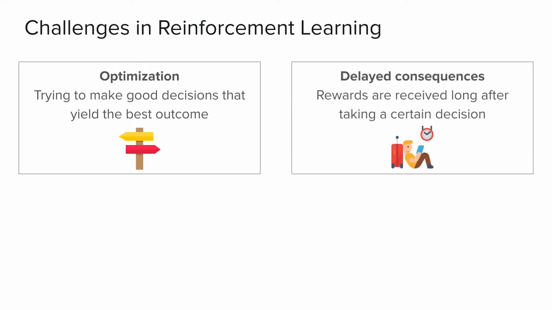The second challenge is the one of delayed consequences. So whenever you take actions, the rewards that you receive from that action might be received long after you've actually taken that action. So, you take an action now, you go to bed, but only 8 hours later you feel refreshed. One of the most challenging issues with these delayed consequences is the so-called credit assignment problem.